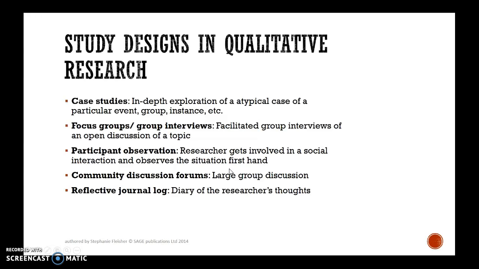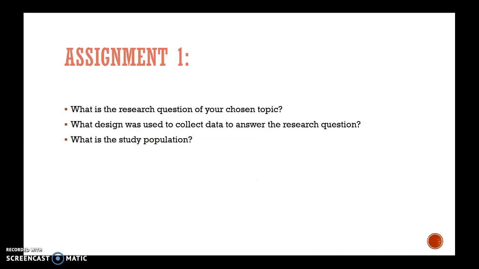Depending on what method and what design you're going to use for your research topic, your assignment for the coming Thursday is, first, to repeat what research question you chose and what your research topic is about.